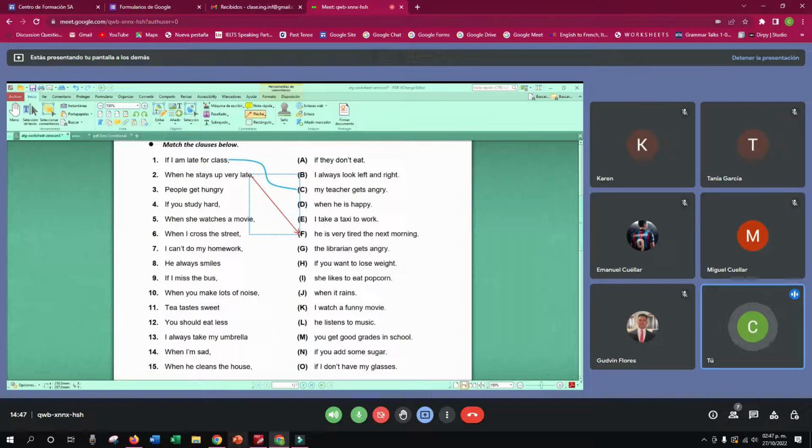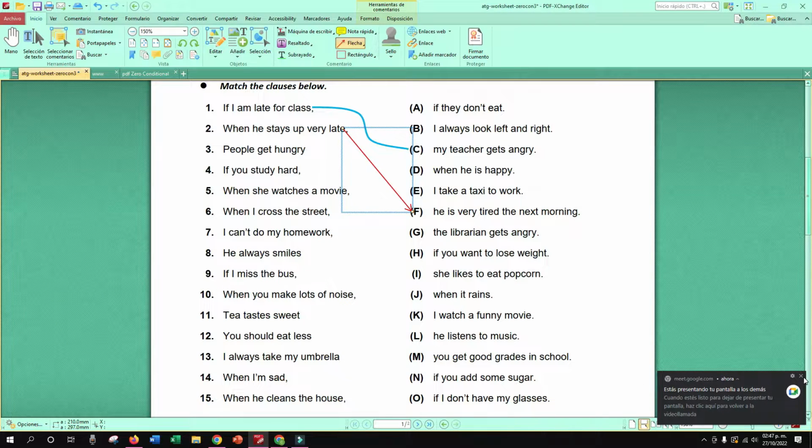Okay, guys, let's check the answers. What about the number 3? There you have: people get hungry. Which will be the answer there? People get hungry. Which could be A, C, D, right?